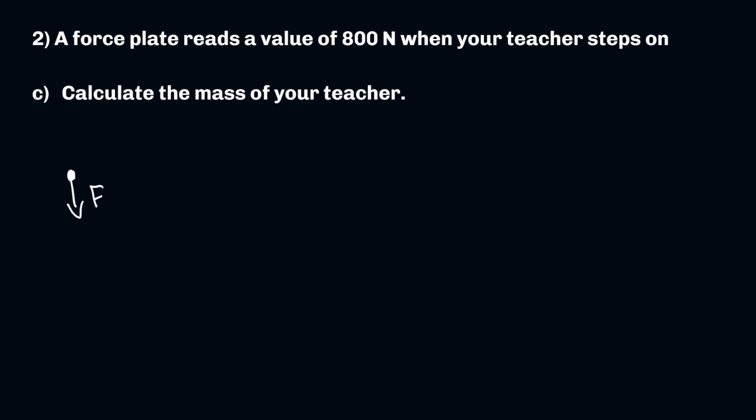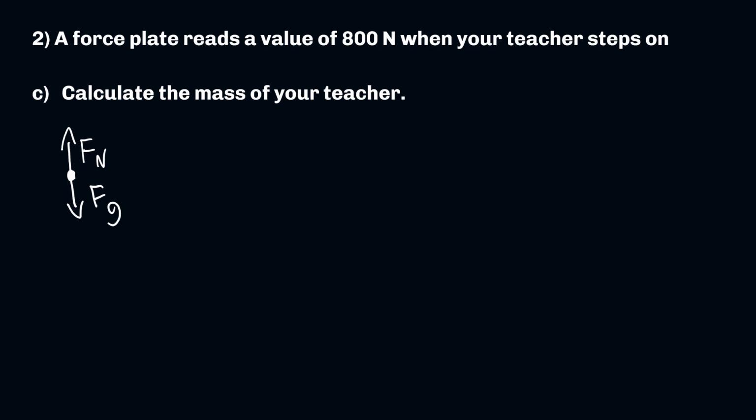You have Fg going downwards, which is the force of Earth on the teacher. And then going upwards we have the force of the force plate on the teacher, which is represented by the normal force Fn.